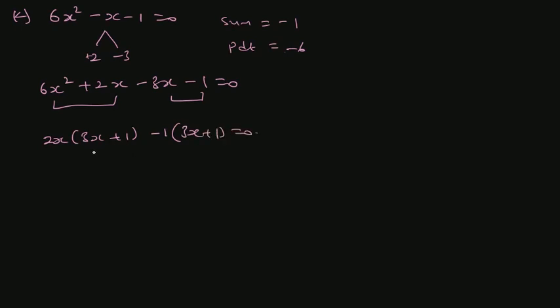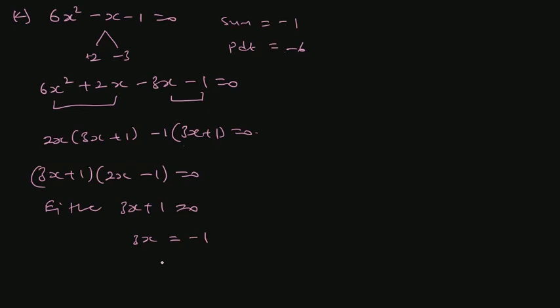So since the brackets are the same, factor out the brackets. What do we remain with here? We remain with 2x, and here we remain with minus 1 equals to 0. Alright, so either, I explained why we use this before, 3x plus 1 is equal to 0, giving us 3x as negative 1, so x is equal to negative 1 over 3.